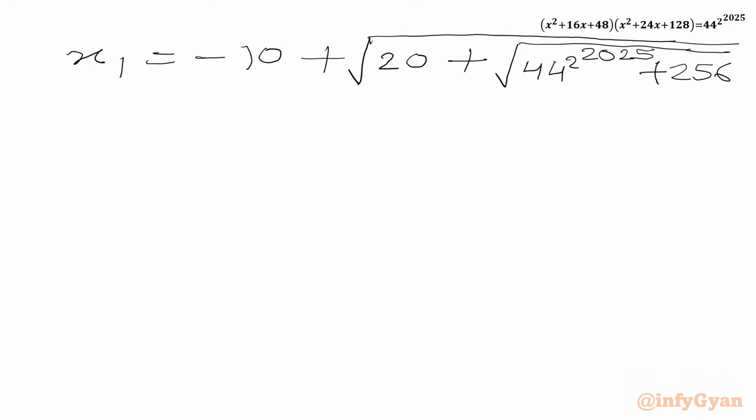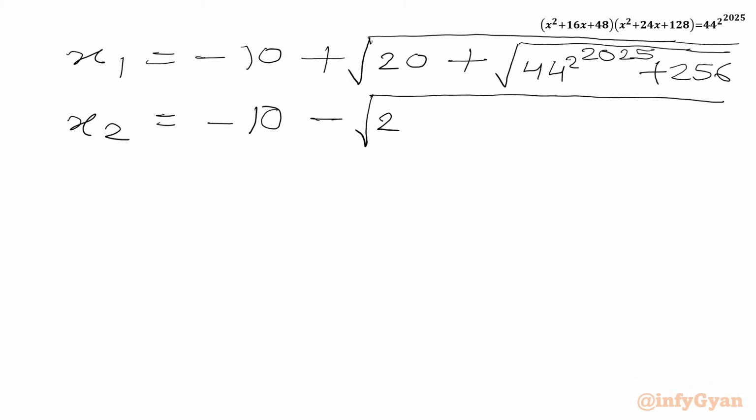This is our x1. Now we will write x2 with minus sign here. Minus 10 minus square root of 20 plus square root of 44 raised to the power 2 raised to the power 2025 plus 256.